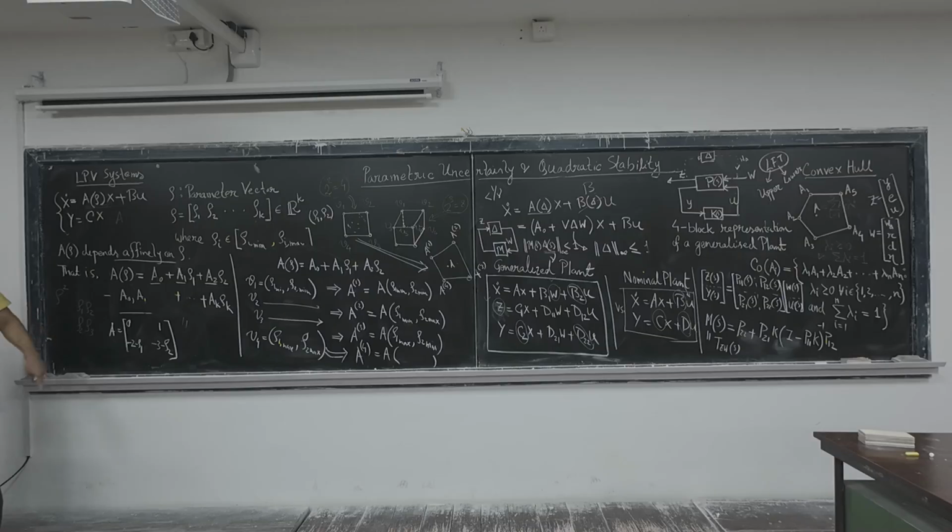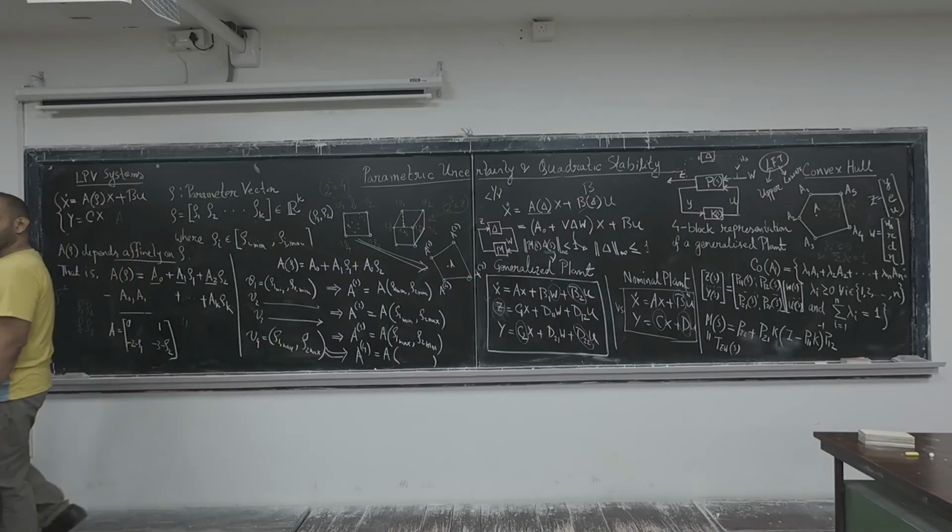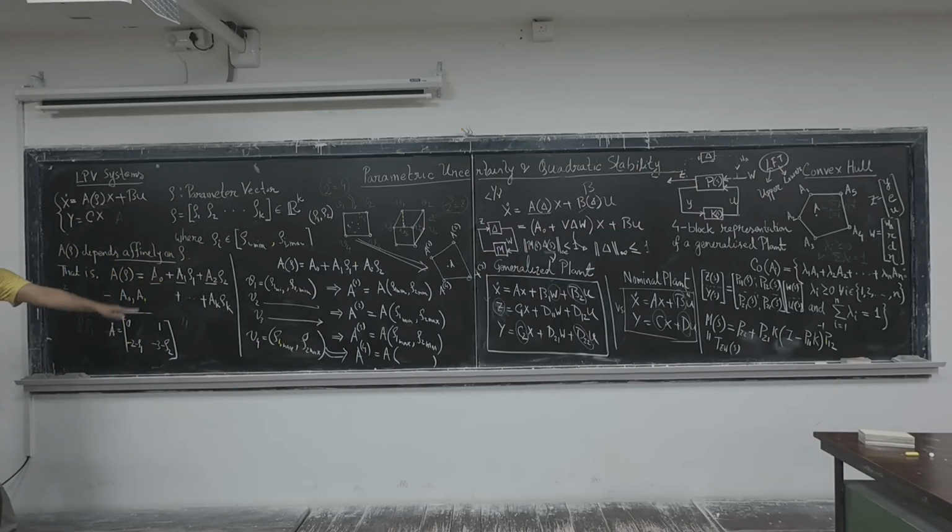If you remember, when we expressed PA plus A transpose P in the LMI fashion, there you got P1 x1 plus P2, you had A0 into, or A1 into P11, plus A2 into P12. Exactly in the same way, if you split it, you are going to get this A0, A1, A2, which are quite different from these A's. Basically, what are these A's?